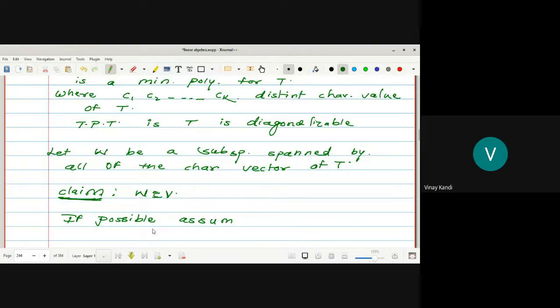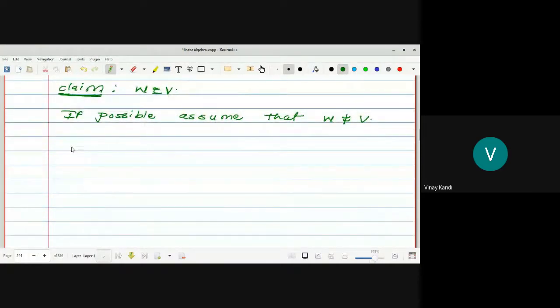If possible, assume that this W is not equal to V, and let the dimension of W be equal to K, which is less than n.